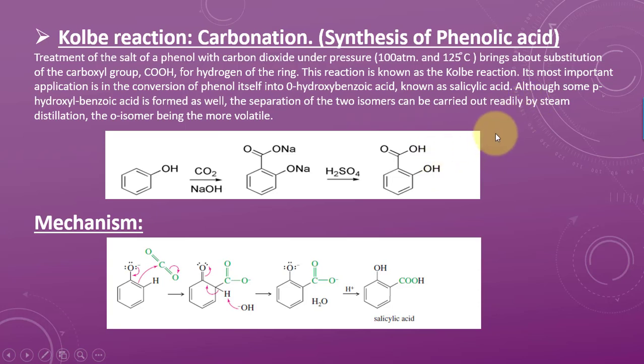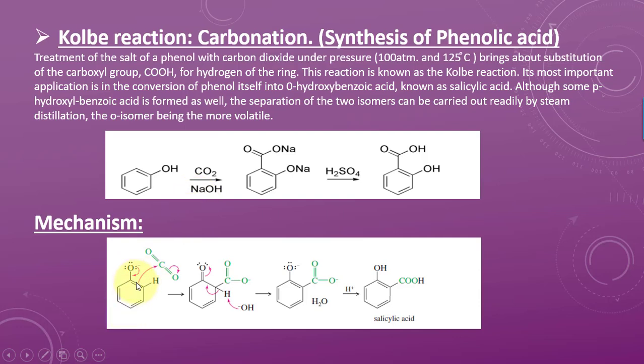So we say that in this case actually we obtain the ortho and para substituted product, but this ortho product being more volatile can easily be obtained from the mixture. Mechanism is given. Phenol on treatment with a base gets converted into phenoxide ion.